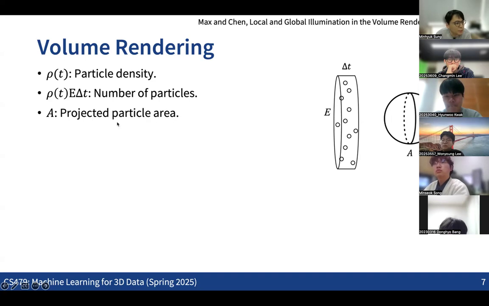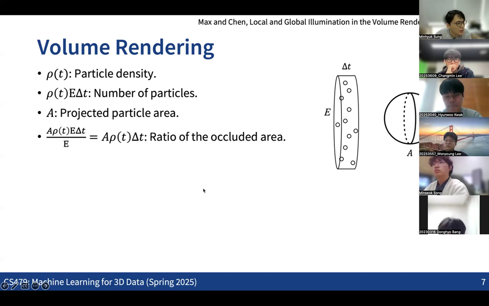When you model the particle as a sphere, the projected area is the area of the gray circle here. Let's say this is A here. Based on that, the ratio of the occluded area along this specific direction can be calculated in this way.